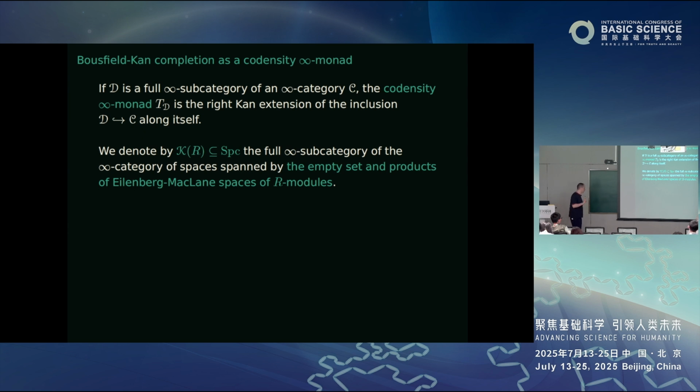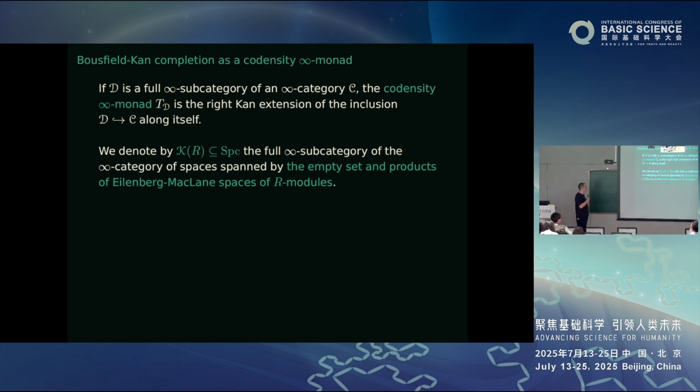And now I want to consider one special category and some special subcategory, an infinity category. We have the infinity category of spaces, the object that we study in algebraic topology. And in this category of spaces, we have some nice spaces called Eilenberg-MacLane spaces, which have only one homotopy group.